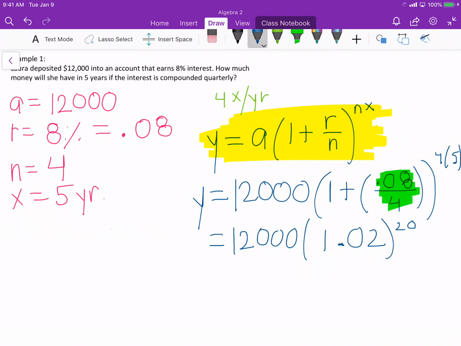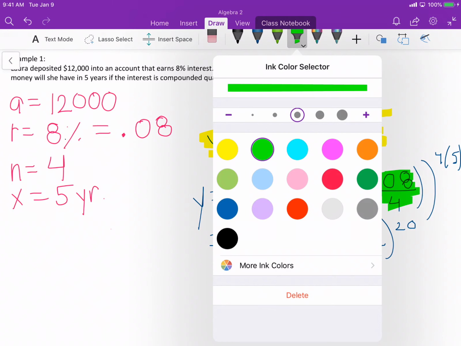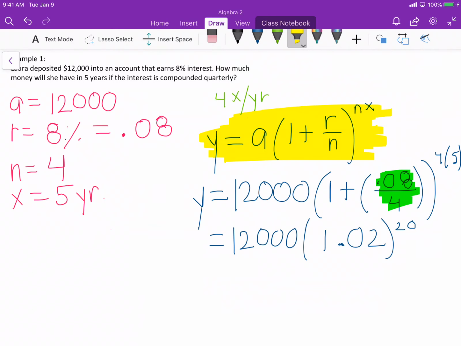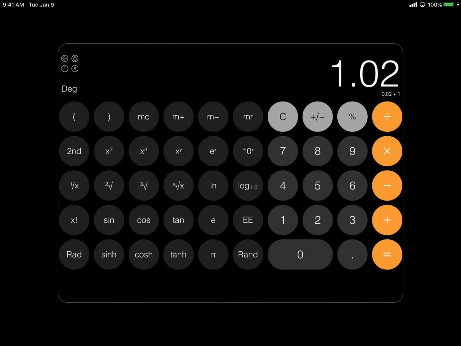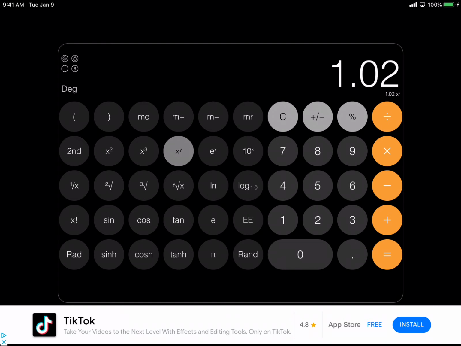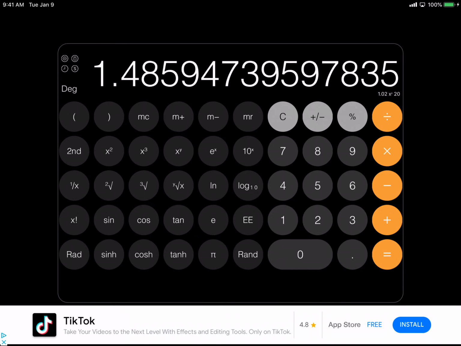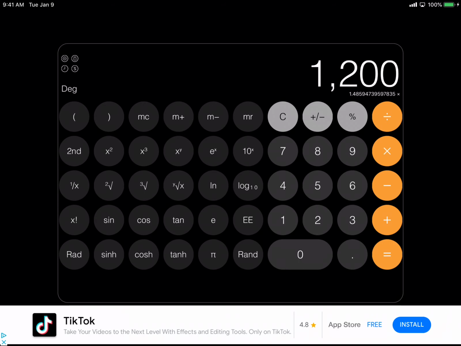So what I next want to do is work with 1.02 raised to the 20th power. On my calculator, I have my 1.02, and then I'm going to press this key to raise it to the power of 20, which gives me that really big number, and that really big number needs to be multiplied by 12,000.